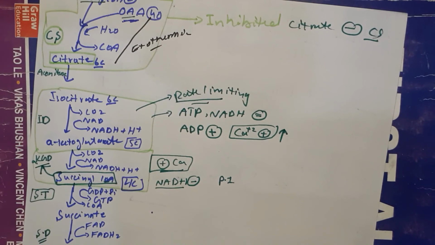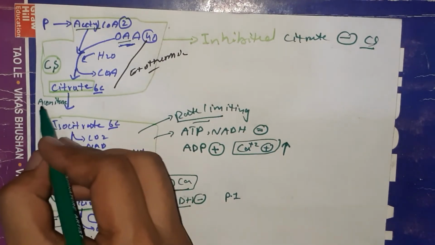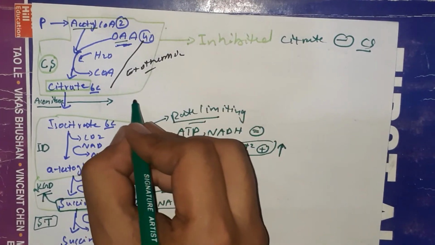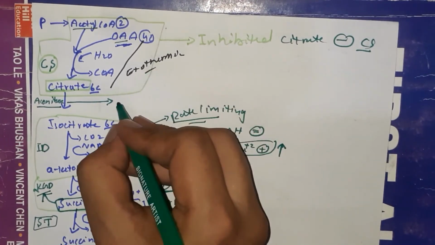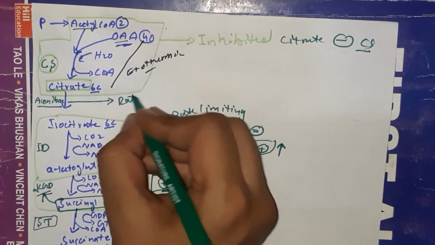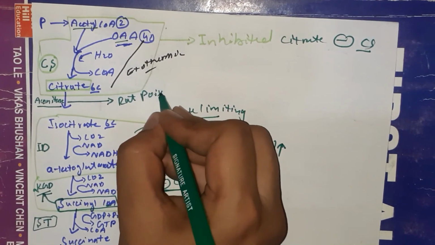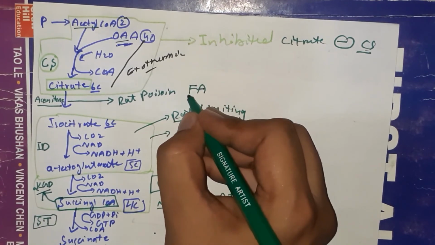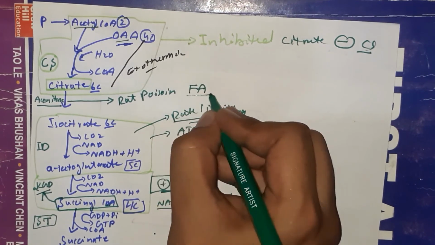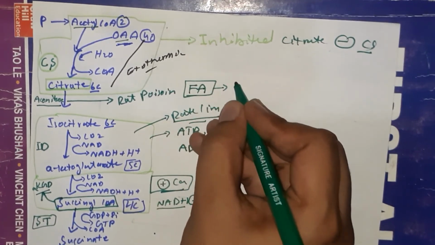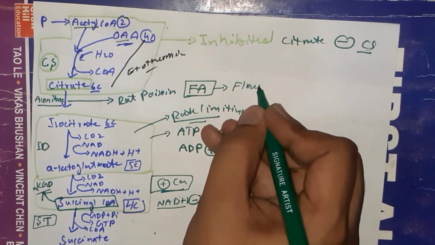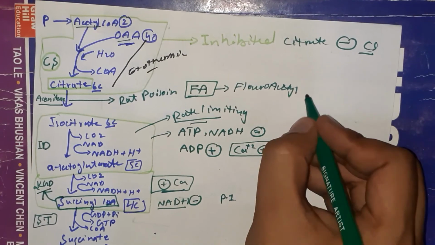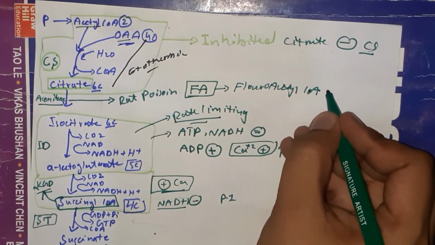And one more thing here, the enzyme aconitase can be inhibited by rat poison. Rat poison contains a compound called fluoroacetate. This fluoroacetate gets converted into fluoroacetyl CoA, and this fluoroacetyl CoA combines with oxaloacetate.